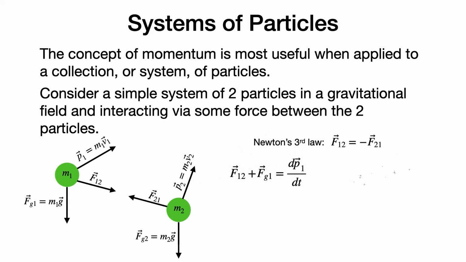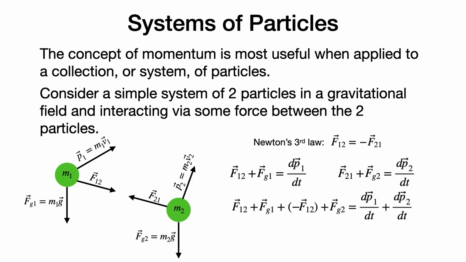If we consider Newton's second law expressed in terms of momenta for each of the particles, we obtain two equations. The first, that the force F12 plus the force of gravity on particle 1 is equal to the time rate of change of the momentum of particle 1, and a similar equation for particle 2.